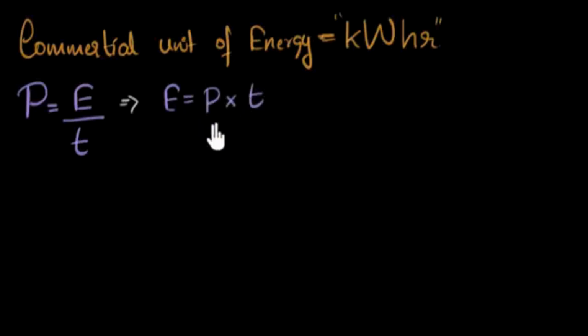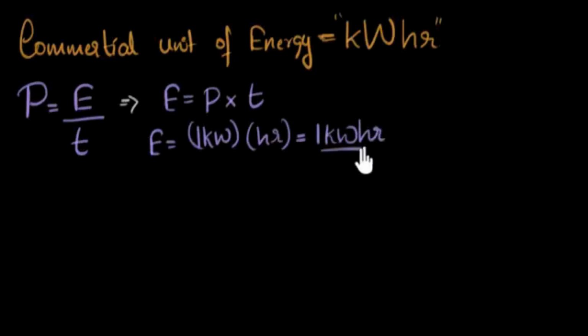Now, let's say we have a device which has a power of 1 kilowatt. And if we switch it on for 1 hour, then the energy that device would have consumed, by definition, is 1 kilowatt hour.